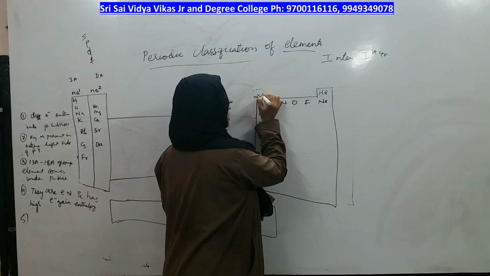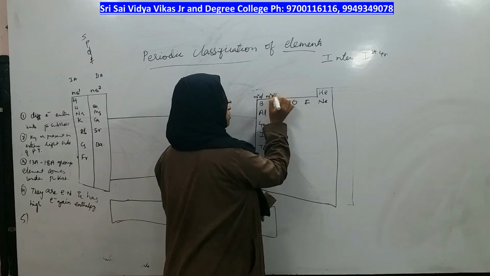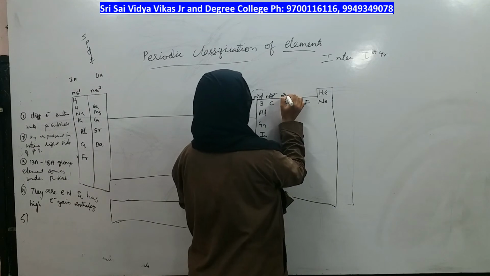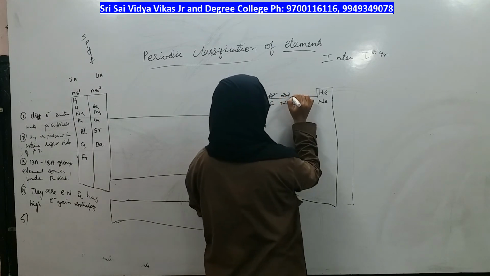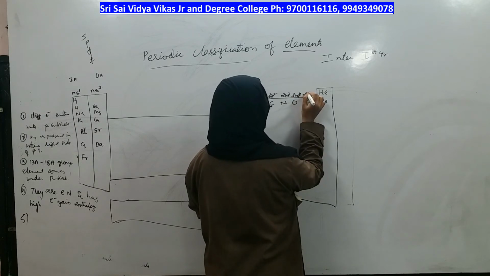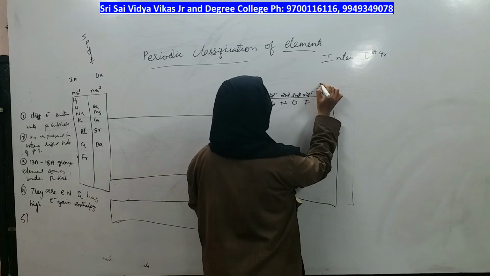Ns2 Np1 is for the boron family, Ns2 Np2 is for the carbon family, Ns2 Np3 is for the nitrogen family, Ns2 Np4 is for the oxygen family, Ns2 Np5 is for the fluorine family, and Ns2 Np6 is for noble gases, right?